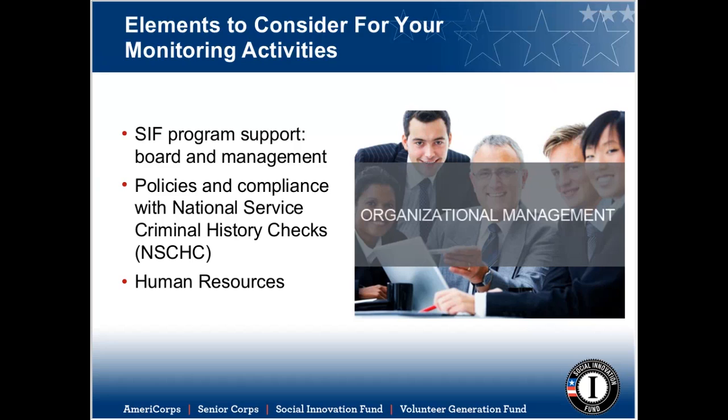Looking at the organization to ensure that the leadership supports the program, management has allocated adequate staff with appropriate experience to manage the subgrantees, and overall that the organization has the capacity to make sure that they're following all of the SIP regulations and requirements. Again, take a look at their policies and procedures around documentation, records retention, and how these are implemented. This is especially critical when looking at National Service criminal history checks.